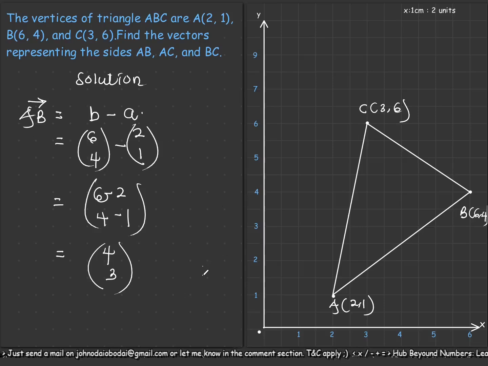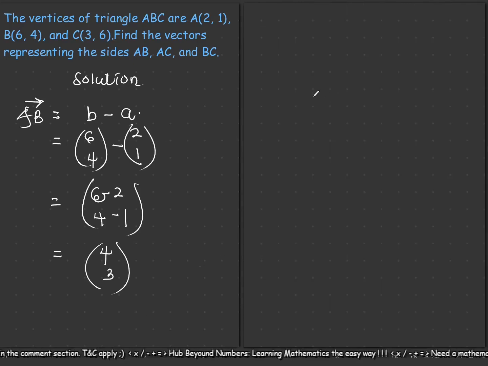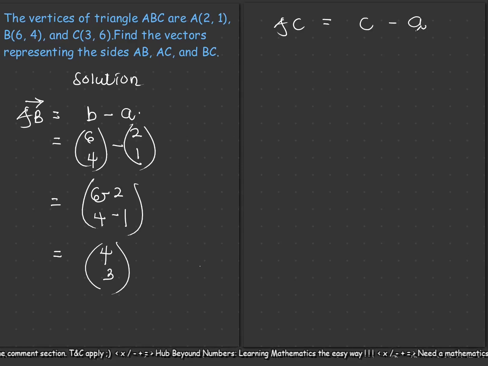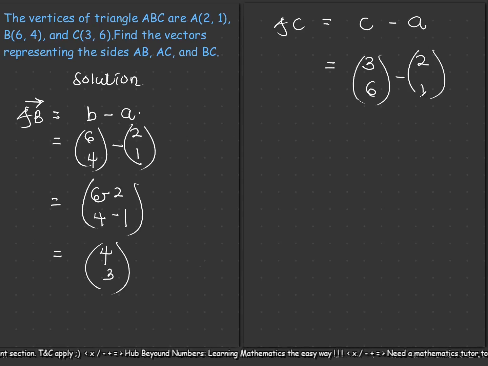So we use this same method to solve for the rest. Okay, so evaluating the second part, which is AC, we have C minus A. That is the second one minus the first one. So our C, which was (3, 6), minus A, which was (2, 1).